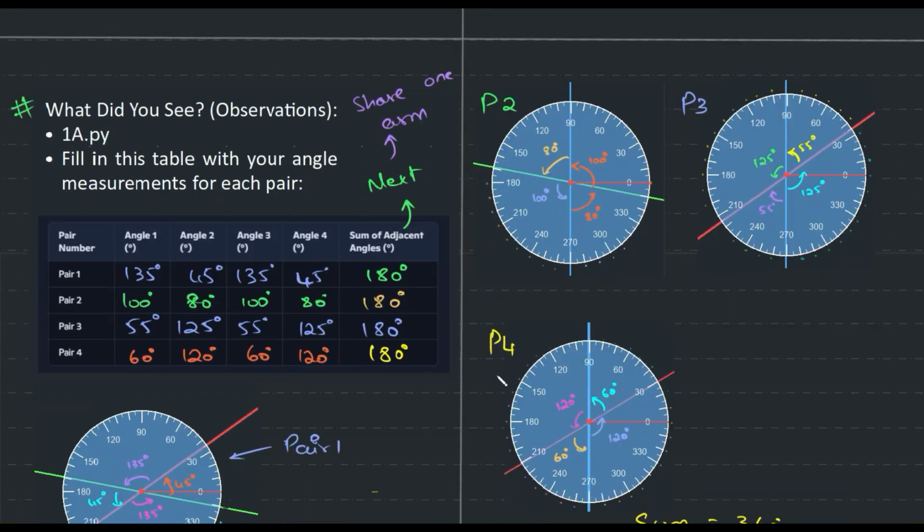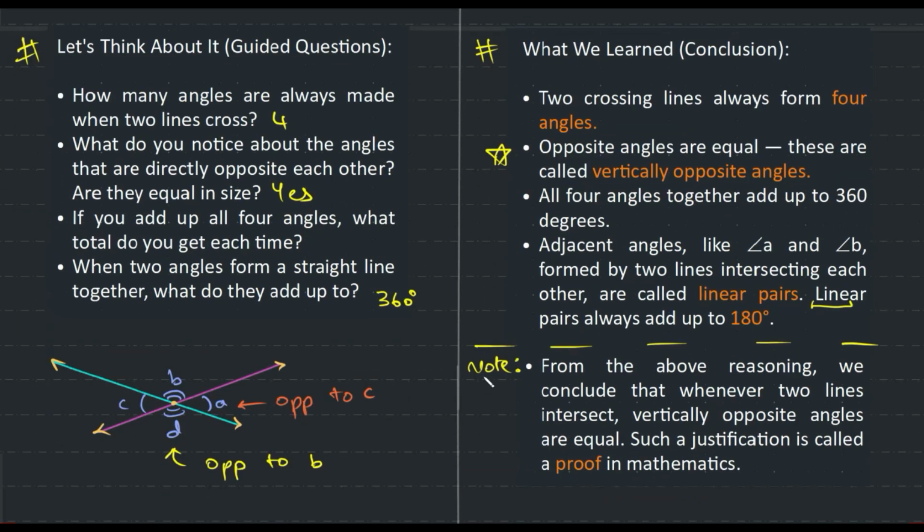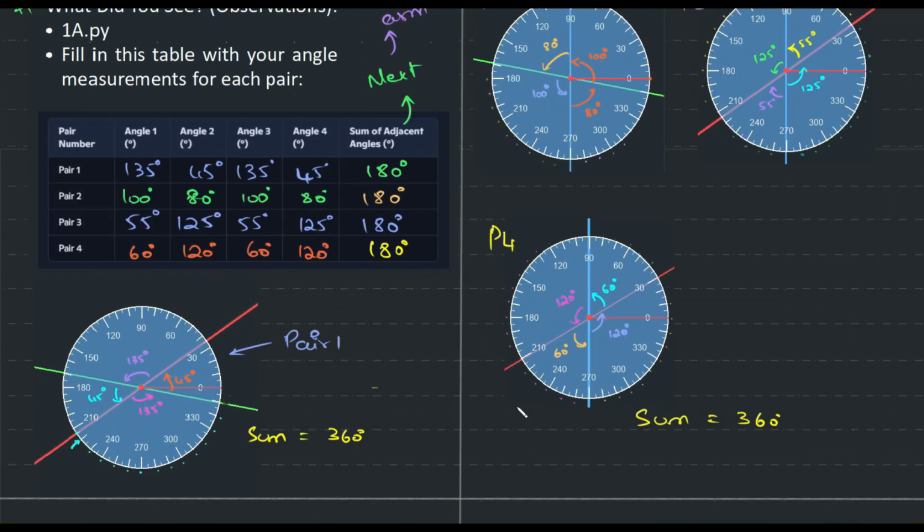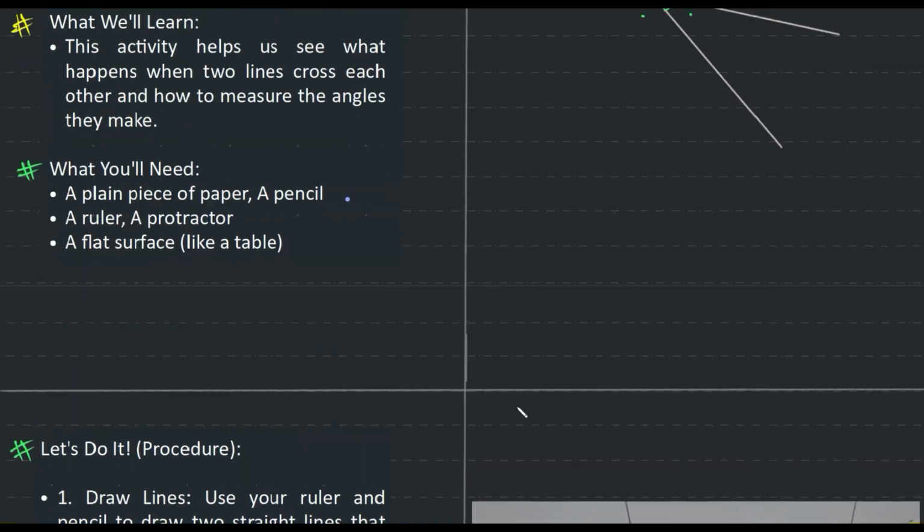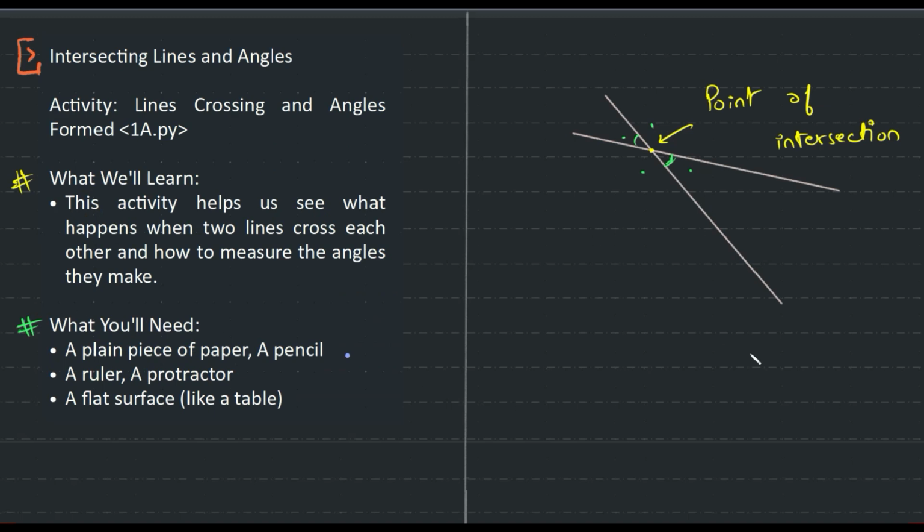So let me see if I have the diagram for you guys over there. Yeah. So angle A and angle C are vertically opposite angles. Angle A and angle B are linear pairs. So we'll make use of all this language. So you guys have to basically write the conclusion. Everything else you can pause and have a look.